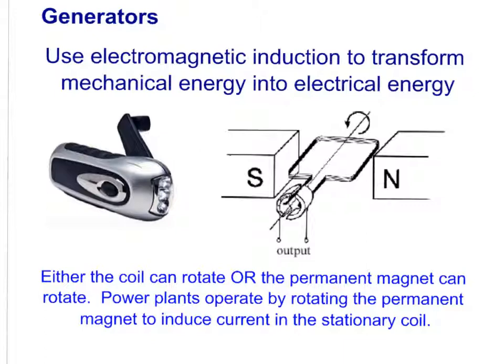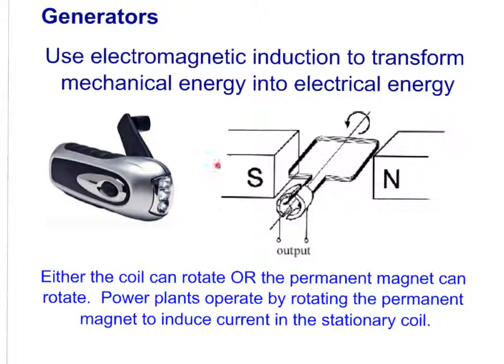As the person supplies mechanical energy by turning that handle around and around, the coil inside the generator of this flashlight is being rotated by that external mechanical energy source. That supplies the mechanical energy that is then converted into electrical energy by the generator inside of that flashlight.